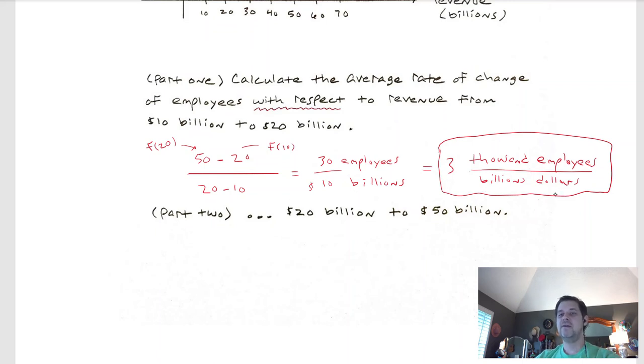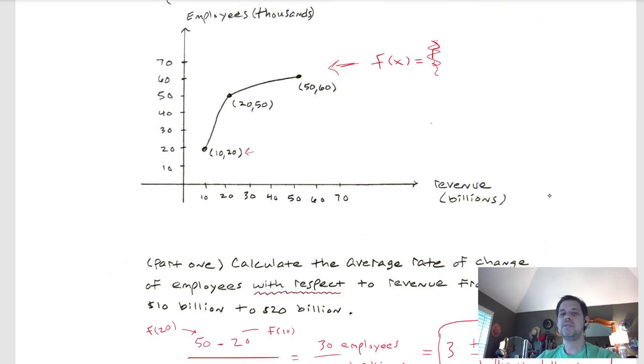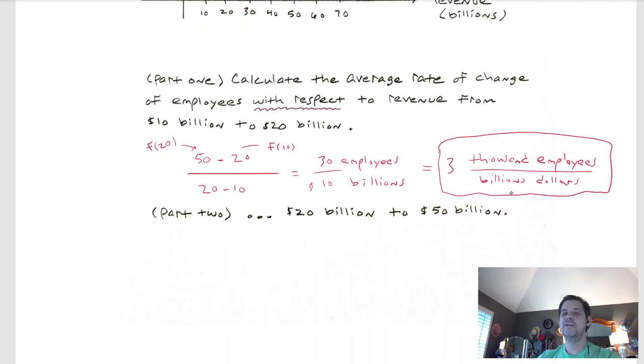Now, let's think of it like this. I said that a growth of the company's revenue probably influences the growth in the number of employees for the company. So right here, what it's saying is that the growth is like this. For every $1 billion of revenue growth, 3,000 employees were added.